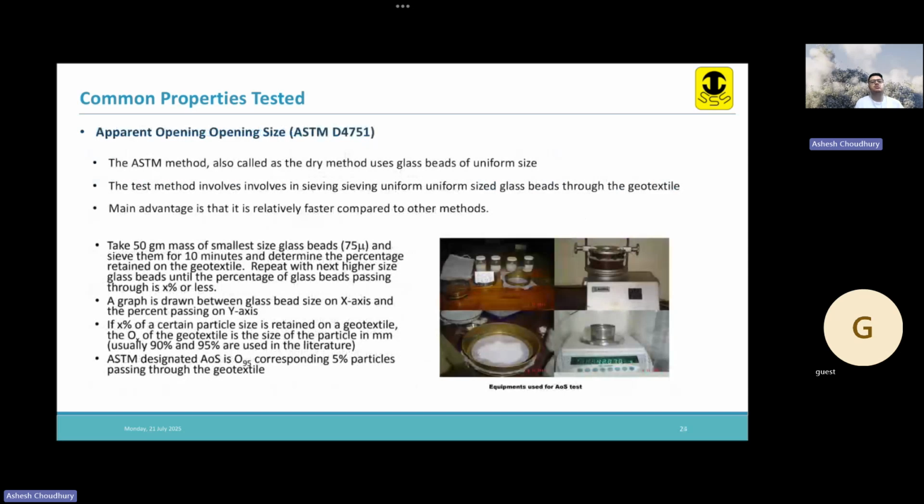So if anyone asks what the apparent opening size is, generally it means O95. O95 corresponds to 5% particles: O95 size means that 5% of particles are passing through the geotextile. Understood? Percentage passing is 5%.